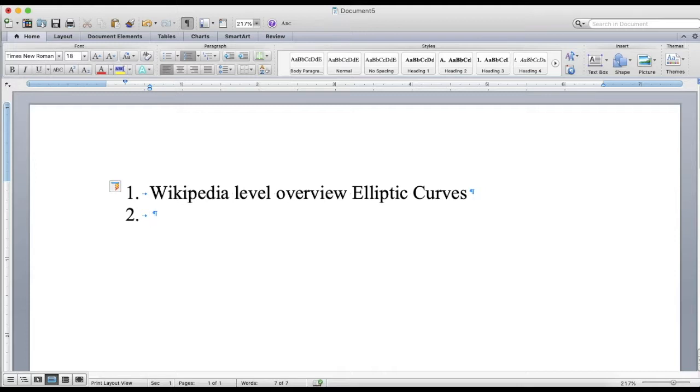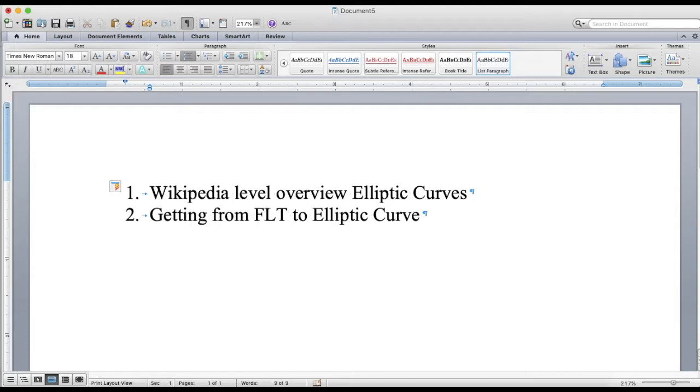I'm going to explain how we get from Fermat's last theorem to elliptic curves. So that will be the actual math of it. Just requires manipulating, and then you can turn a squared plus b squared equals c squared into an elliptic curve. So that'll be actual math.